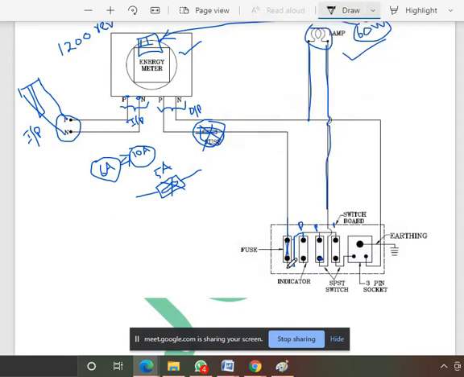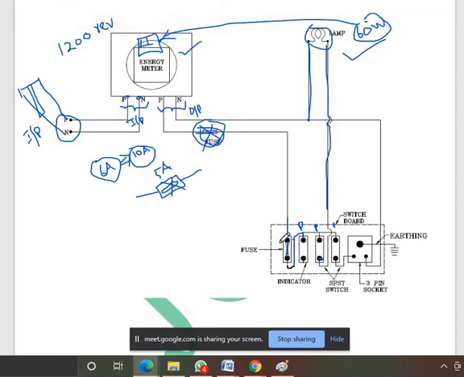Here the phase will be taken out from the fuse carrier and go directly to the indicator lamp phase, and the remaining two switches take phase as well. The neutral is needed for glowing the indicator lamp. We can take the neutral from the meter and connect it directly to the lamp. It also comes to the plug point, the socket itself, and again you can take a loop from that socket and connect it.